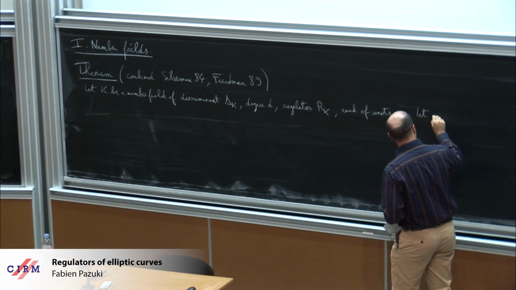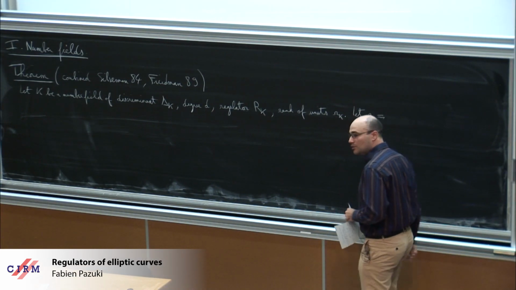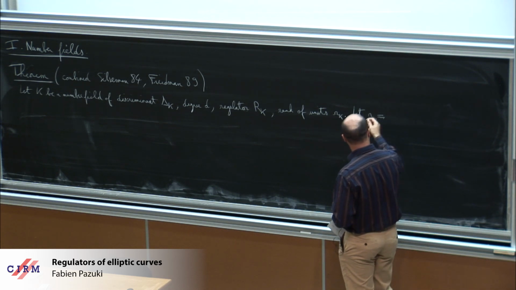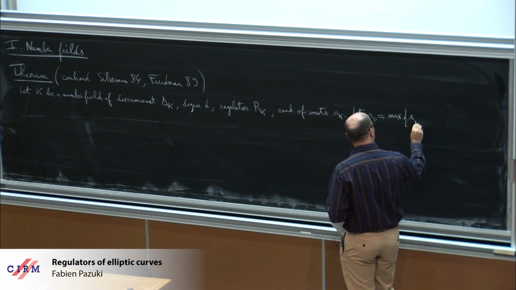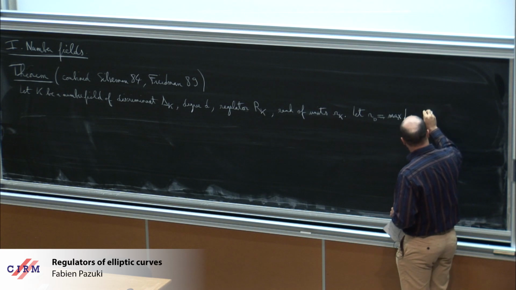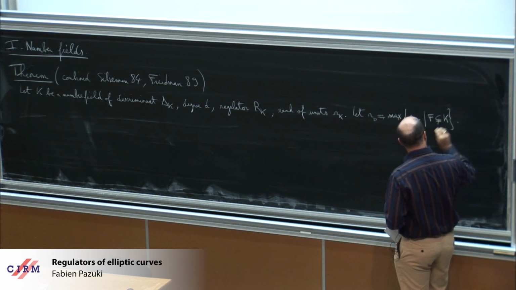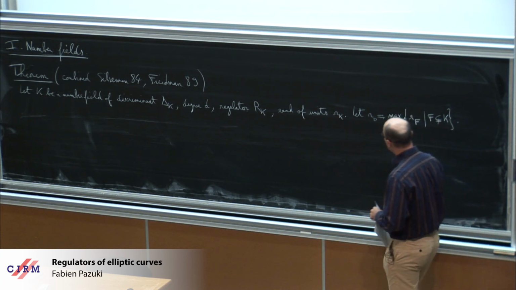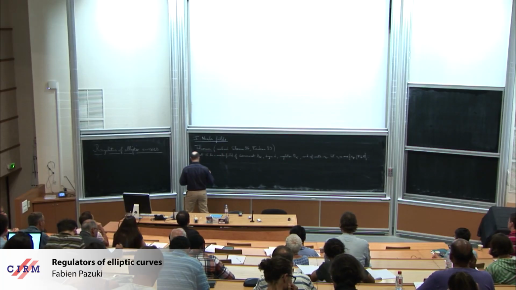Then I define R0, it will help me define the relative rank of units. So it's the max of r_F, the notation is the same as this one, the rank of units of F being a strict number field inside K. Okay? So we have all the players in the field.